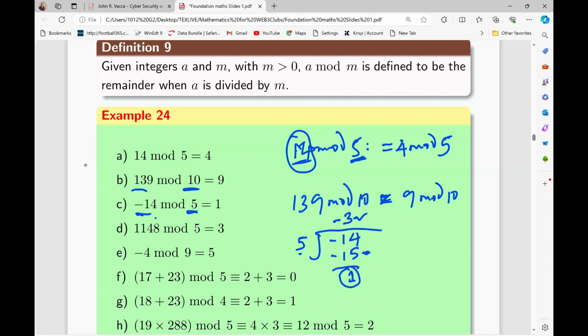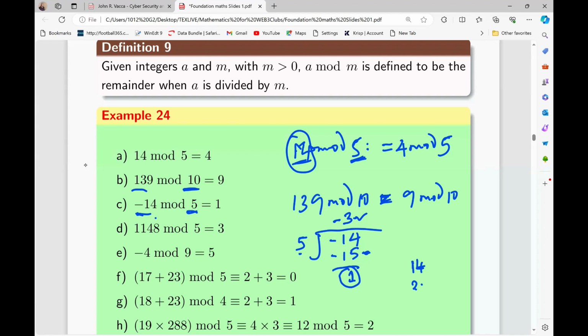So 5 goes into negative 14, negative 3 times. And there's an easier way of doing this. How do I get to know it's negative 3 times? Assuming that 14 was positive, how many times does 5 go there? 5 will go there 2 point something, which is bigger than 0.